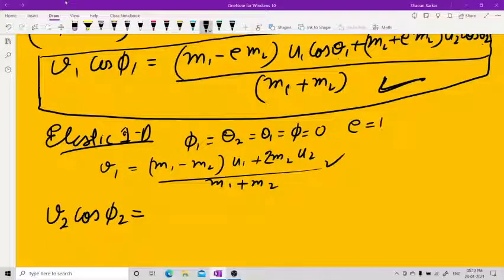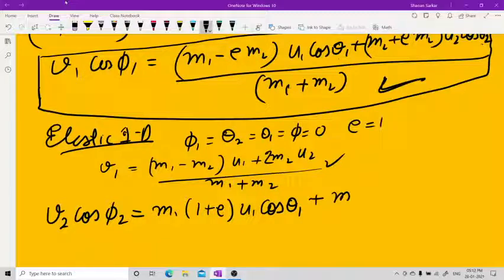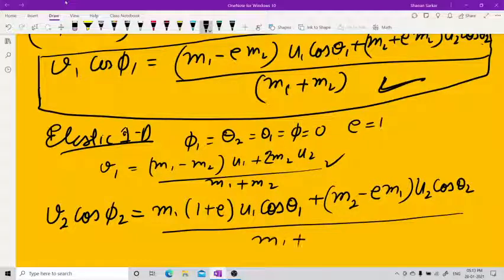This will be v2 cos phi 2 will be, just the opposite of that, (m1 plus e m1) u1 cos theta 1 plus (m2 minus e m1) u2 cos theta 2 upon m1 plus m2. It's a very cumbersome equation. You need to have practice before the examination if you want to really do this in the examination.